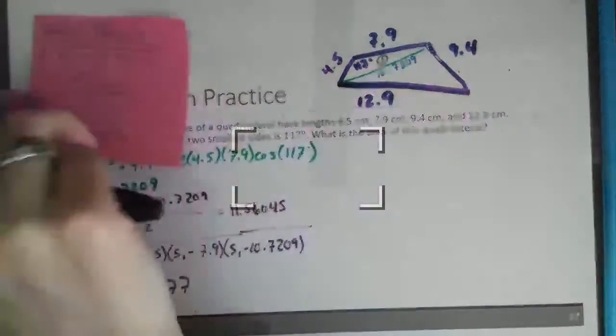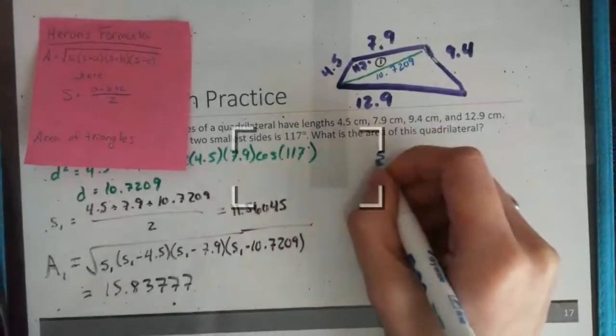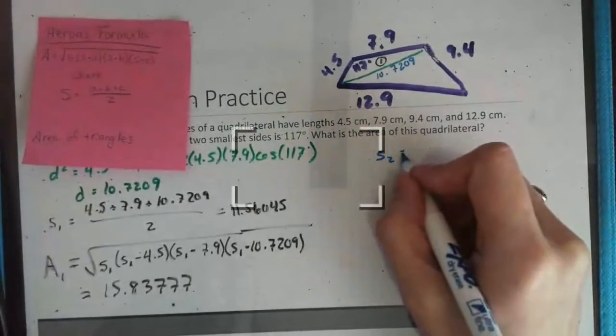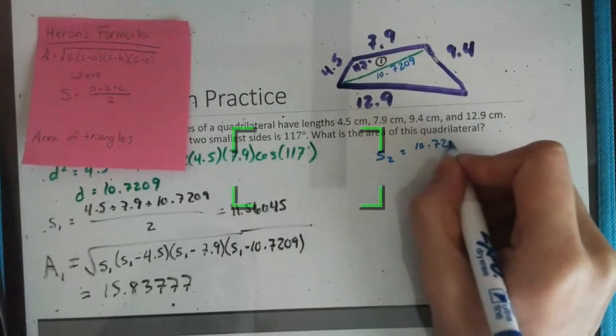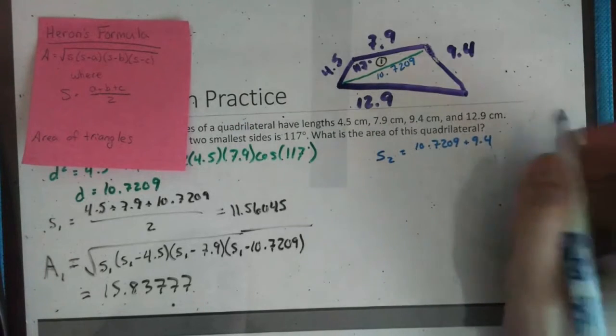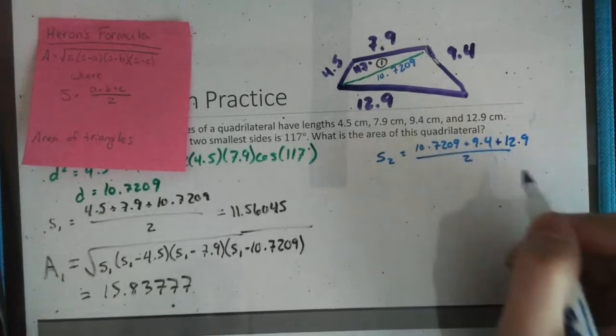Now we're going to do the same thing for the second triangle. The S value of my second triangle, I add up the 3 side lengths, 10.7209 plus 9.4 plus 12.9, all divided by 2.